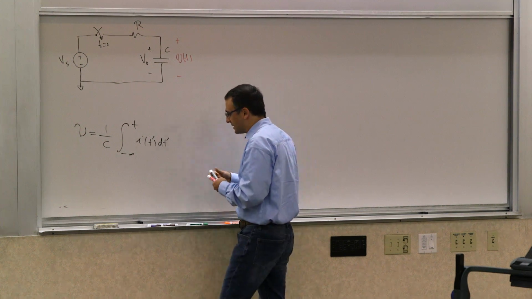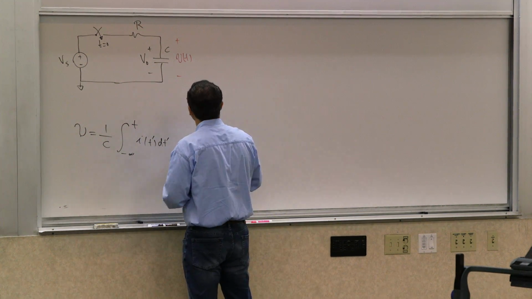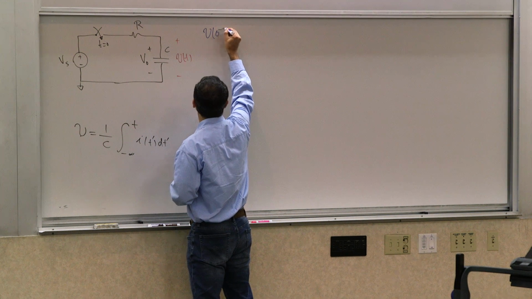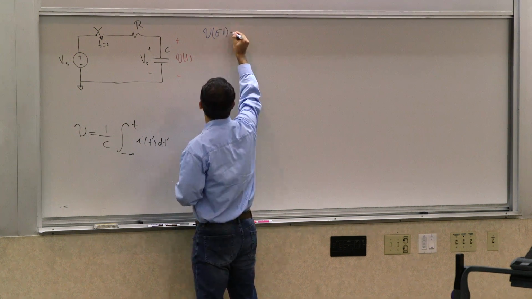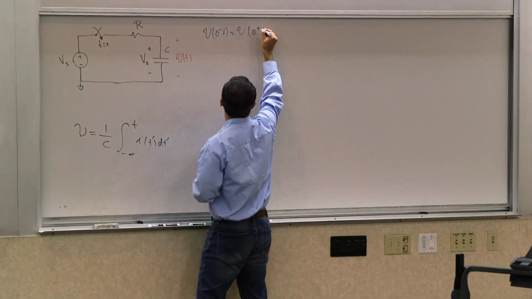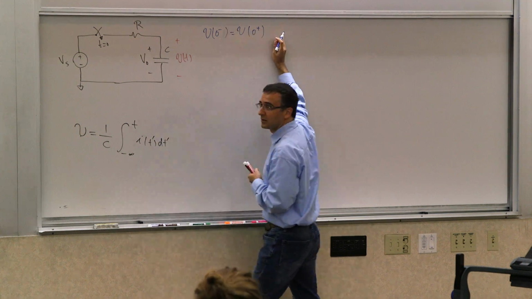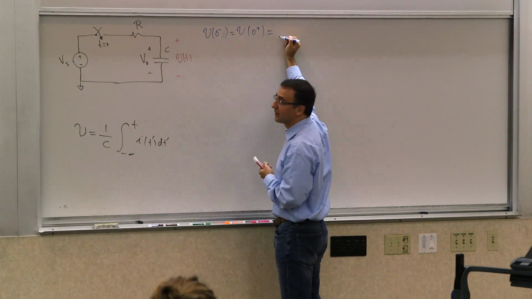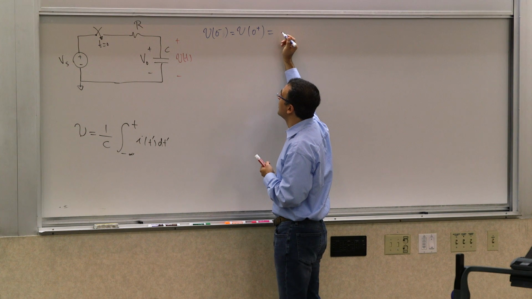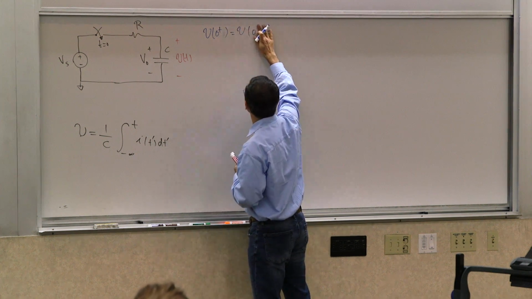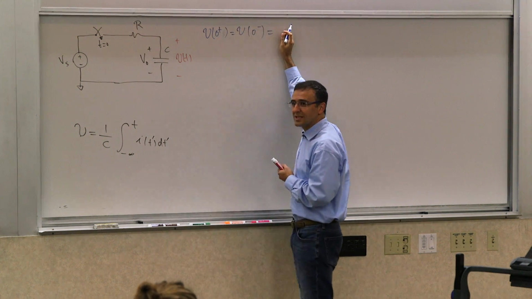And what that means, the way we write that, is that we say V(0-) is equal to V(0+). Which is going to be equal to what? Or the other way, I should have actually written it this way because it makes more sense when you say it.